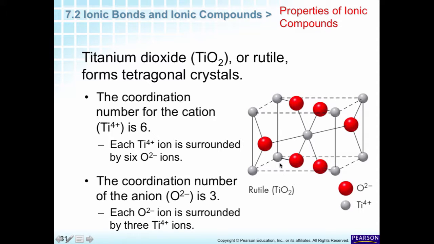But then if we look at our red, okay, it has 1, 2, and then would have another one here, 3. So actually this one's a good one because you can see it. 1, 2, 3. Okay, so it has 3. So its coordination number for oxygen is 3. That's kind of a weird looking structure.